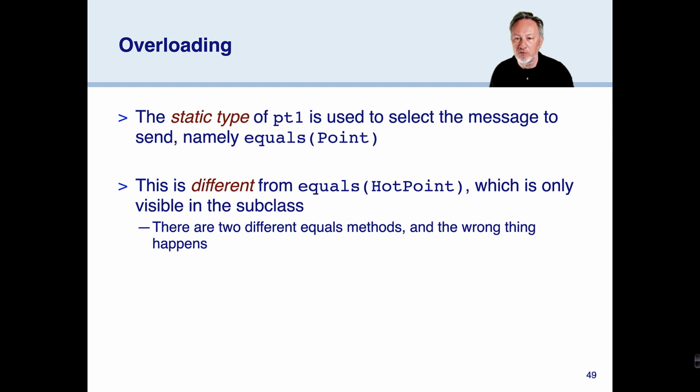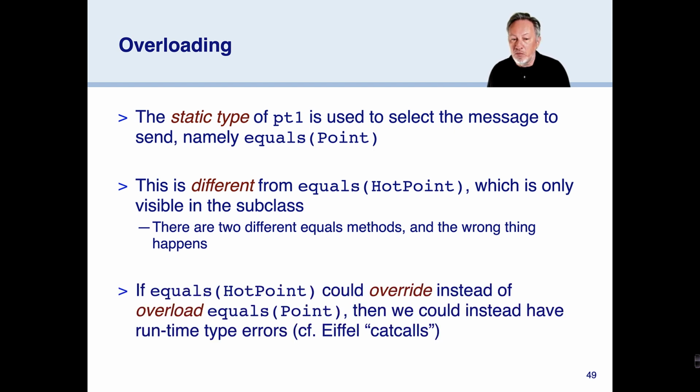And this is different from the equals of the hot point, which is only visible in the subclass. There are two different equals methods and the wrong thing happens. If, on the other hand, we could override rather than overload, then instead we're going to have runtime type errors. So this is what in Eiffel is known as so-called cat calls. And then you have to do some runtime type checks.